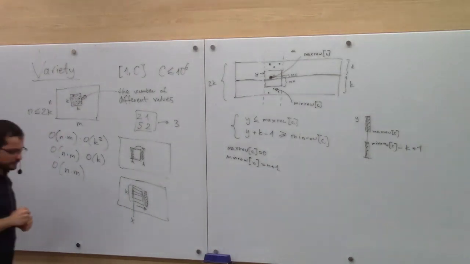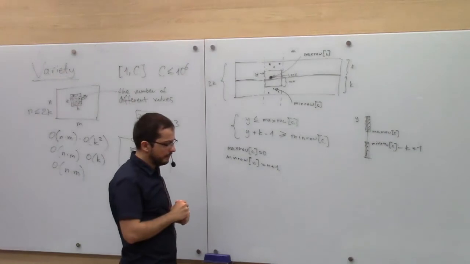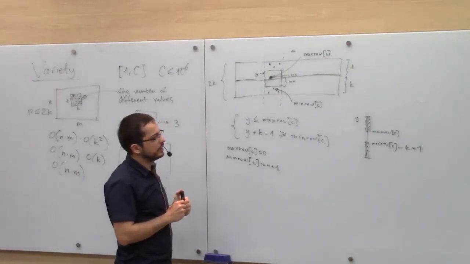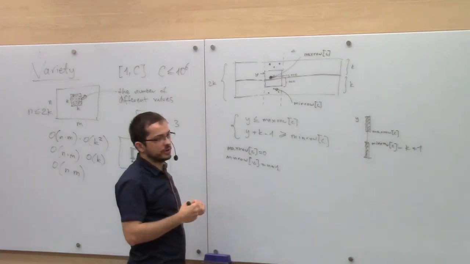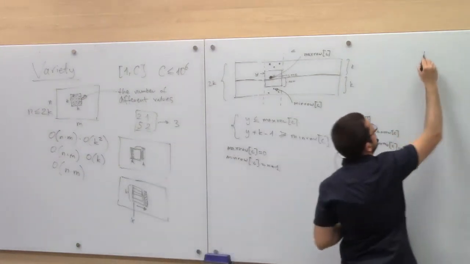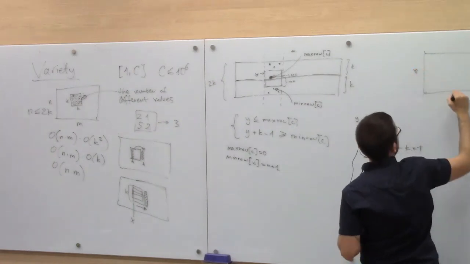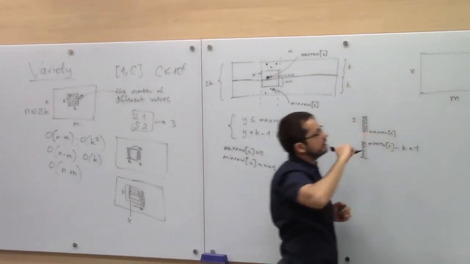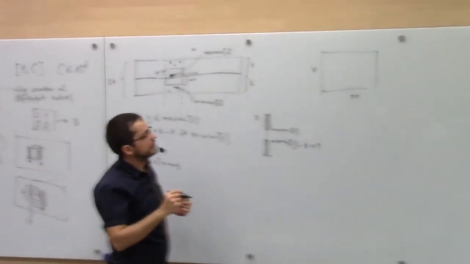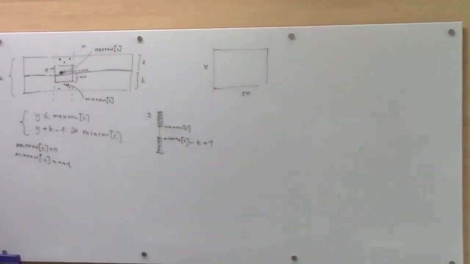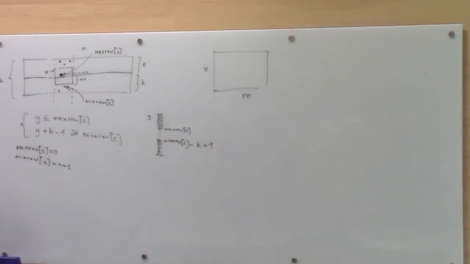Okay, so basically we can maintain a big array, let's say of size n times m, in which we will be storing the counters for every possible square.